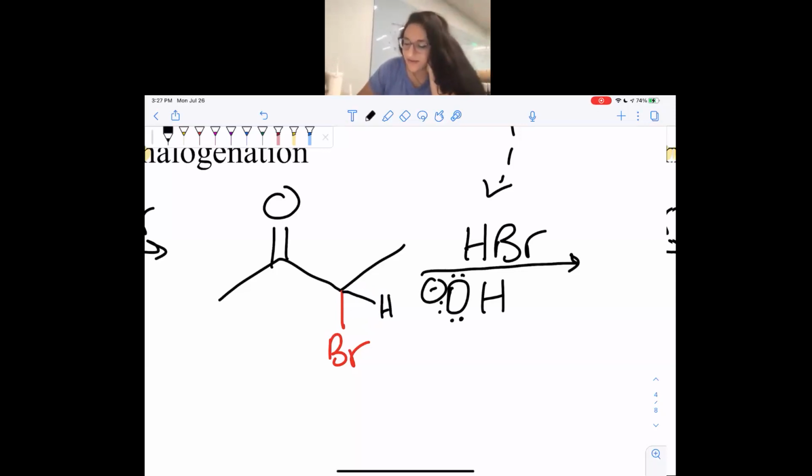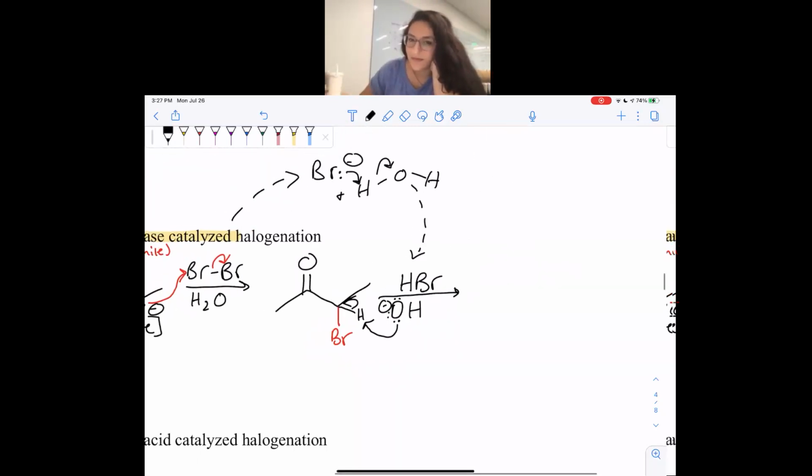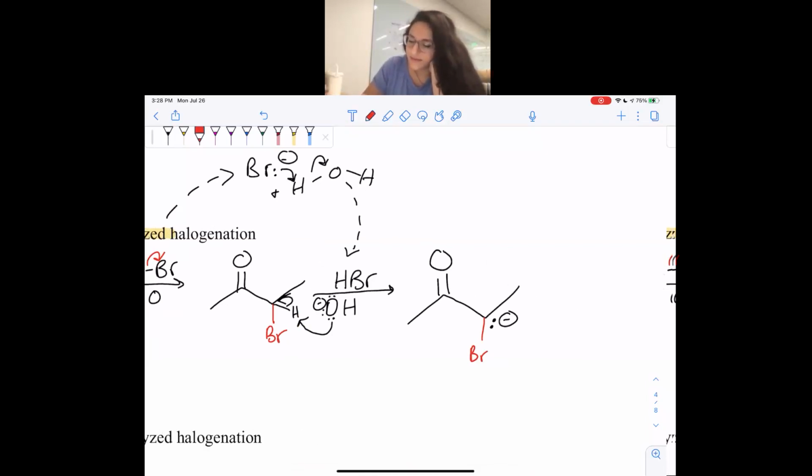And at this point, we're able to steal a hydrogen one more time. And it's basically going to undergo the reaction again. And so we're going to end up, oh my goodness, that would be so cool if you stopped. All right. So now we steal a bromine from HBr.